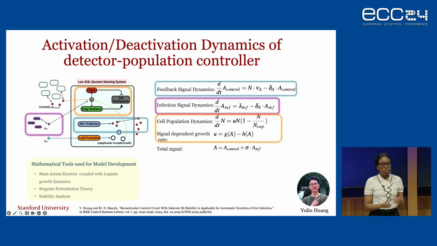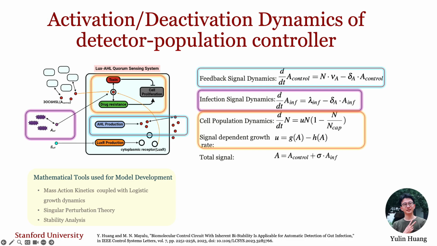And just quickly on the model, we can implement the model with the components mentioned on the previous slide. This is a set of differential equations which describe the rate of change of the feedback signal concentration, which is coupled to the rate of change of the cell population.